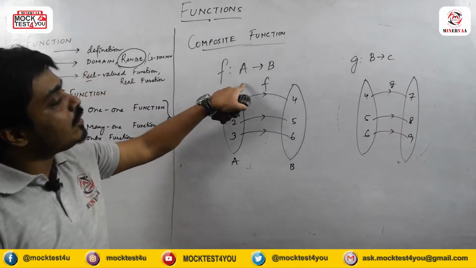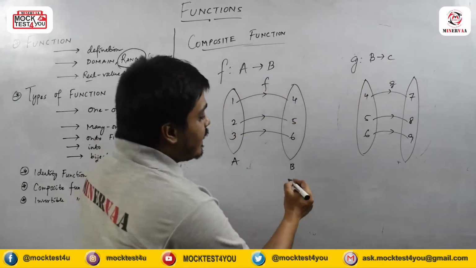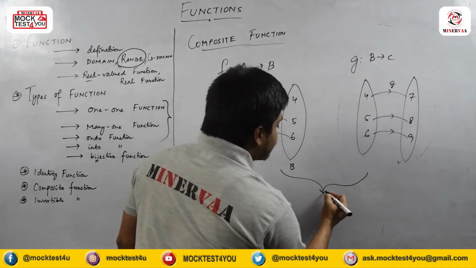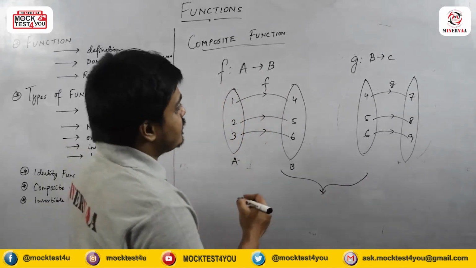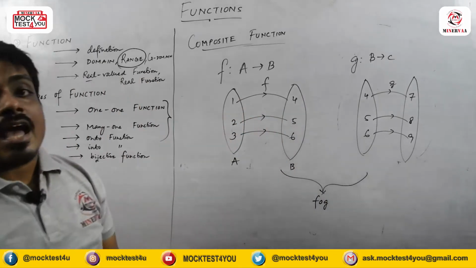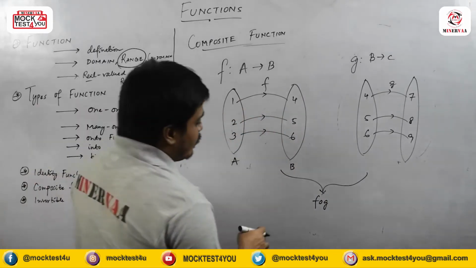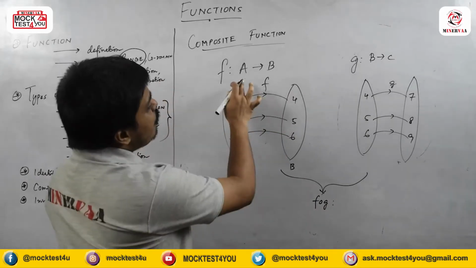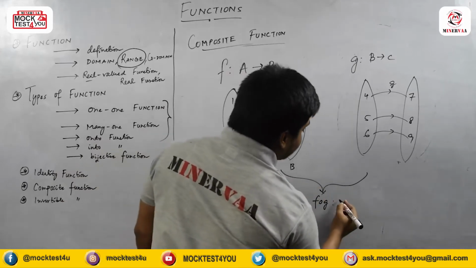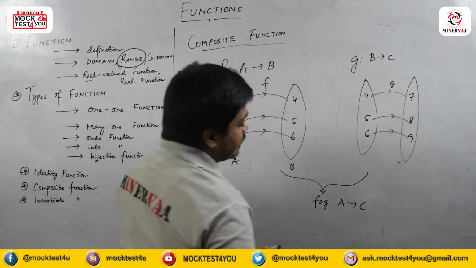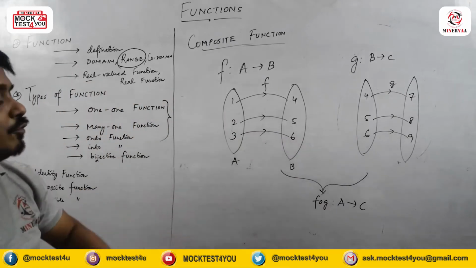So composite of two functions gives us another function, and that function is denoted as f of g. Now how will I do f of g? F of g starts at A and ends at C. This is how we write composite of two functions.